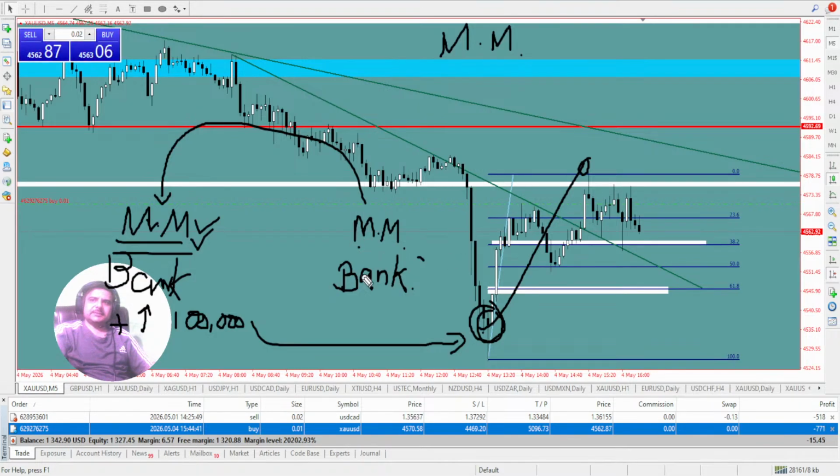Then this person tells this market maker, start taking out your liquidity little by little. So this bank made this sell as well and is also prepared for this buy as well. Got it?